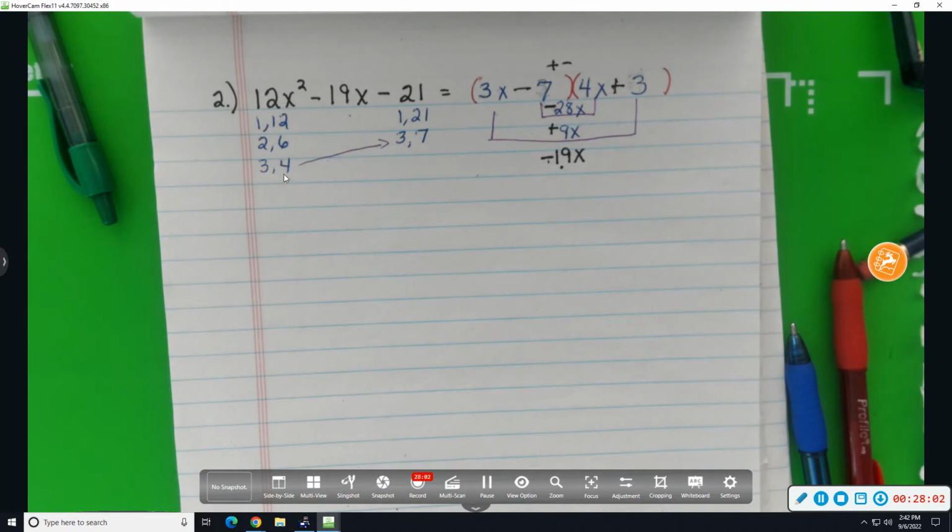Yes, the 2 numbers that are closest together on the number line are the ones most likely to work. That's why I chose the 3 and 4. They're consecutive numbers on the number line versus the 1 and 12 or the 2 and 6. But that's just most likely to work. There's no guarantee.